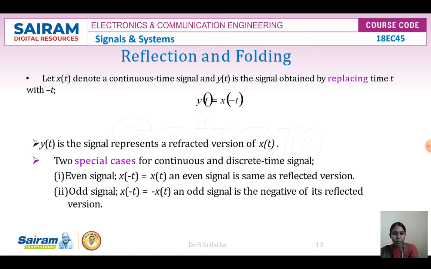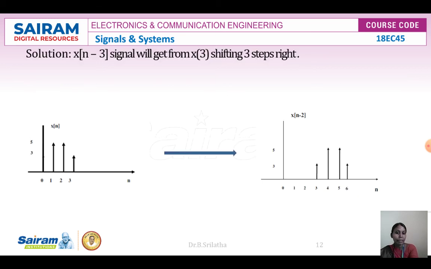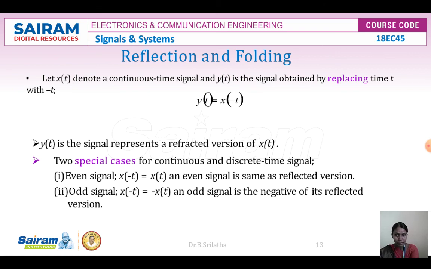So I am going to find the reflection of the original signal x of t. I am going to represent it as y of t, the reflected version of the original signal x of t. So y of t is nothing but x of minus t. This is the expression. Here the y of t signal represents the reflected version of x of t.